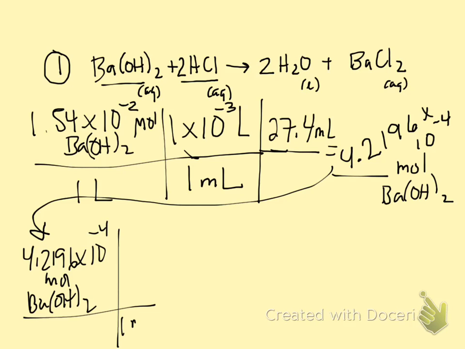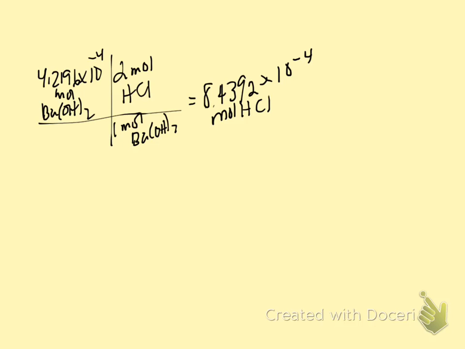And every 1 mole of barium hydroxide will neutralize how many moles of HCl? 2. And somebody caught that should be times 10 to the negative fourth. Thank you. Okay, so now we have the number of moles of HCl.